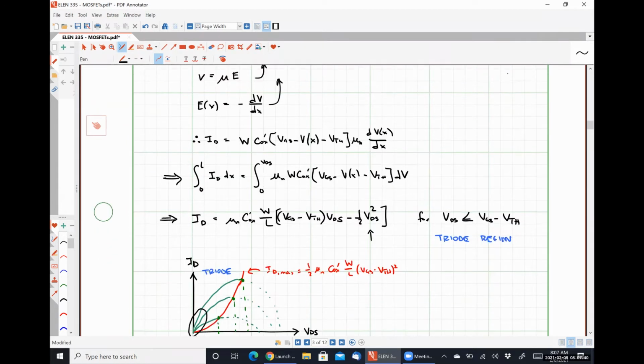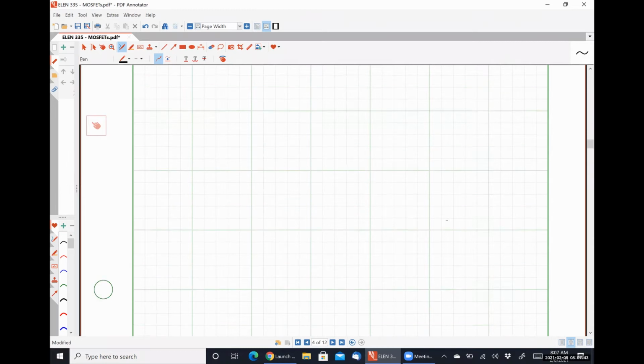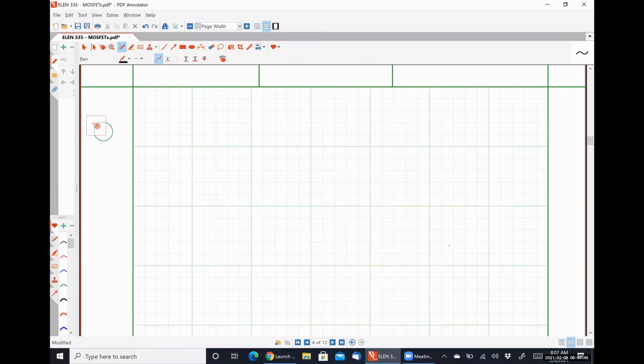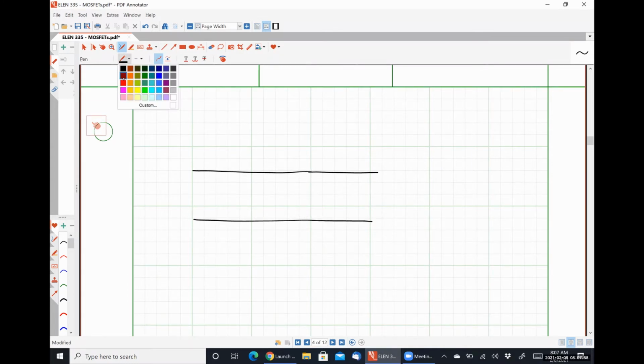So I'm going to draw a picture. Lots and lots of pictures in this section. So here we have our substrate. Need my gray for my oxide.